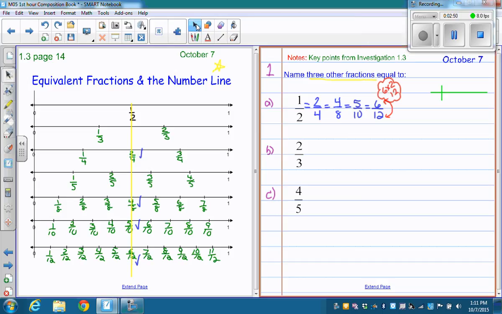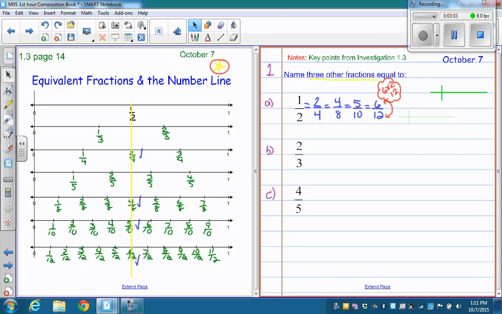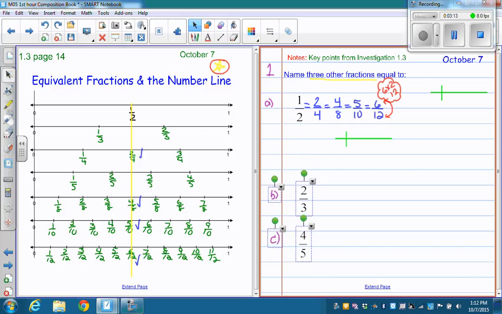So this tool over here is a nice visual to find equivalent fractions. We don't want to forget, however, that there's so many more fractions equal to 1/2. In fact, there's an infinite number of fractions equal to 1/2.